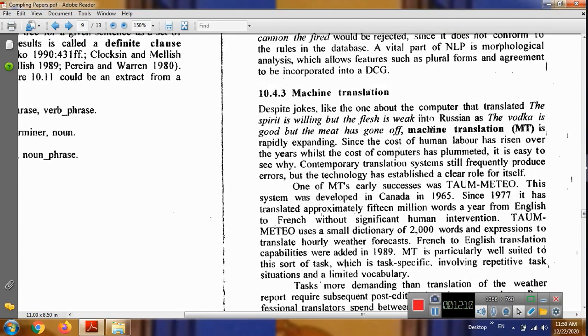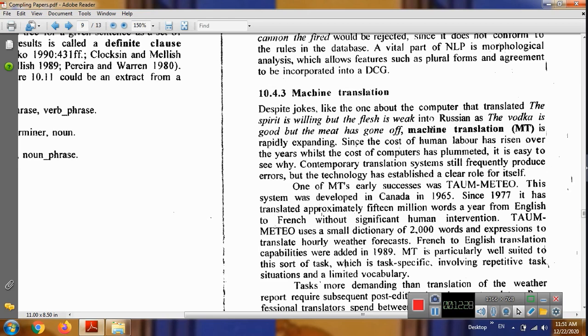Despite jokes like the one about a computer that translated "the spirit is willing but the flesh is weak" into Russian as "the vodka is good but the meat has gone off," machine translation, MT, is rapidly expanding.